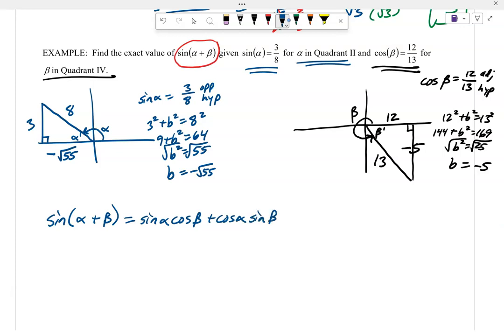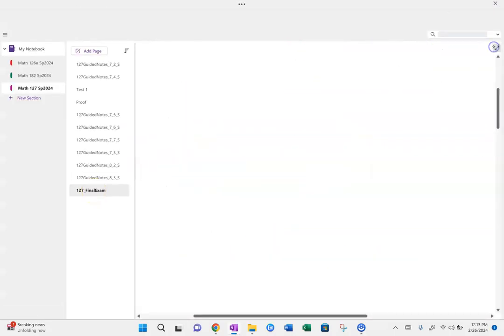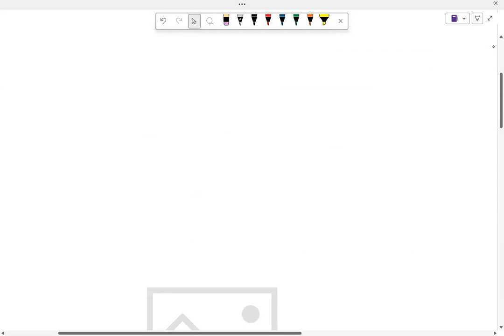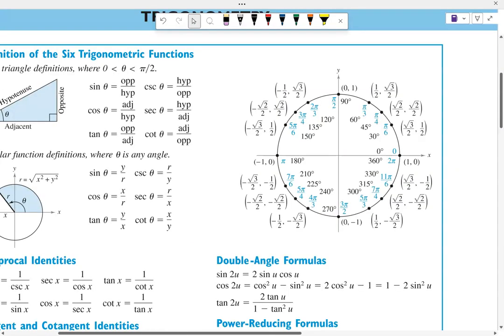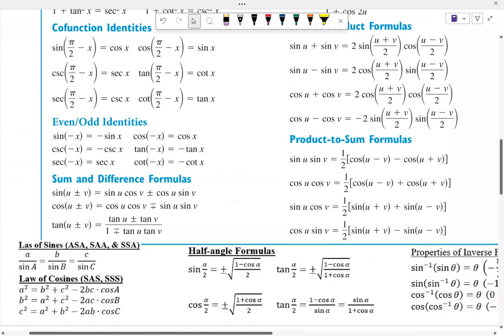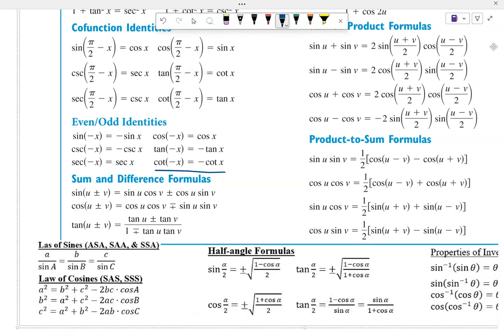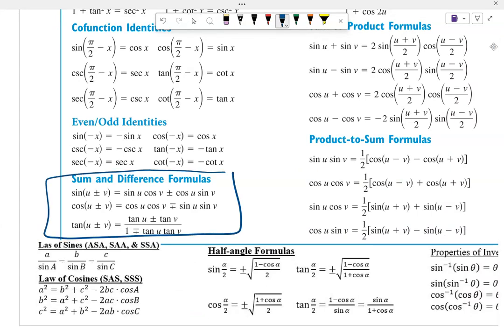All right, it's in my notes. Or if you want, you can also look on your reference sheet. They're all listed right here together. All right, we did sine. I used u's and v's. So sine of u plus v is sine u cosine v plus cosine u sine v, or alphas and betas, whatever you please on that. Okay.